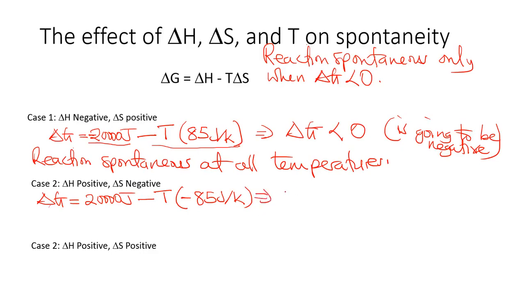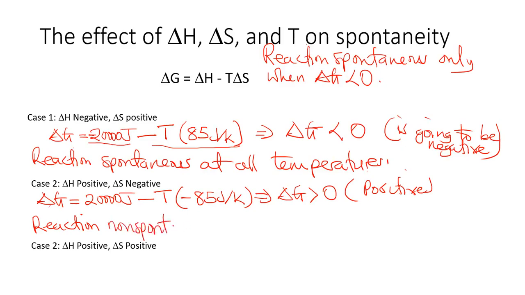For this case, delta G is greater than 0. So here delta G is positive. This reaction is going to be non-spontaneous at all temperatures, because it will always be positive. That is case 2, where delta H is positive and delta S is negative.